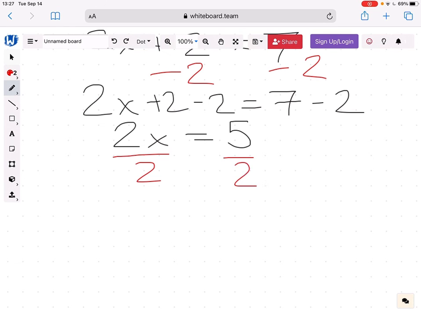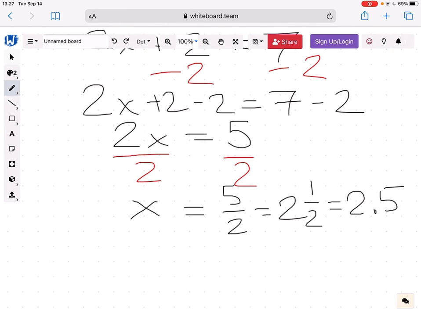So we're dividing by 2 here. So on the left now we have 2x divided by 2, which is just 1x. On the right we have 5 halves. You can write 5 halves, or you can write 2.5.